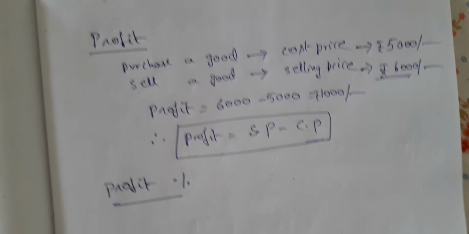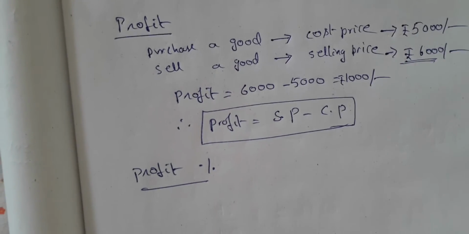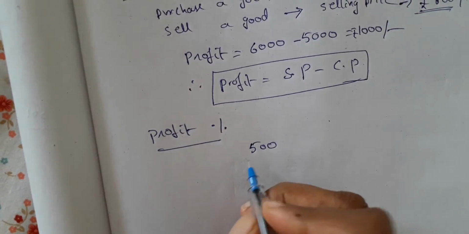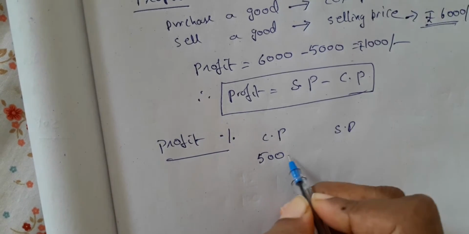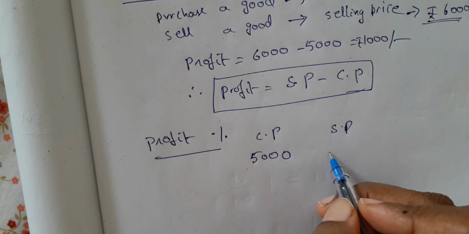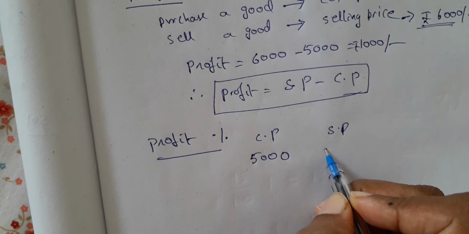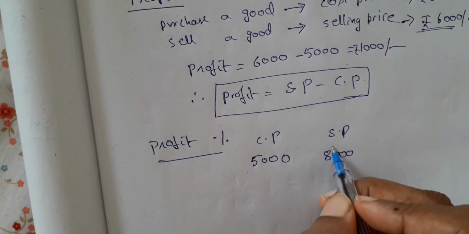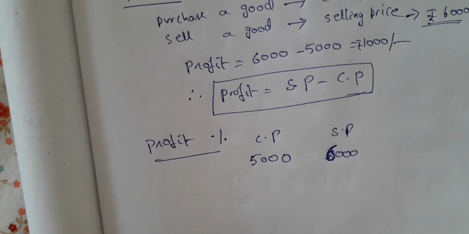So now profit percentage. How do we find out profit percentage? Let us come to this. Same thing, 5,000 is the cost price, and let us suppose 6,000 is the selling price.